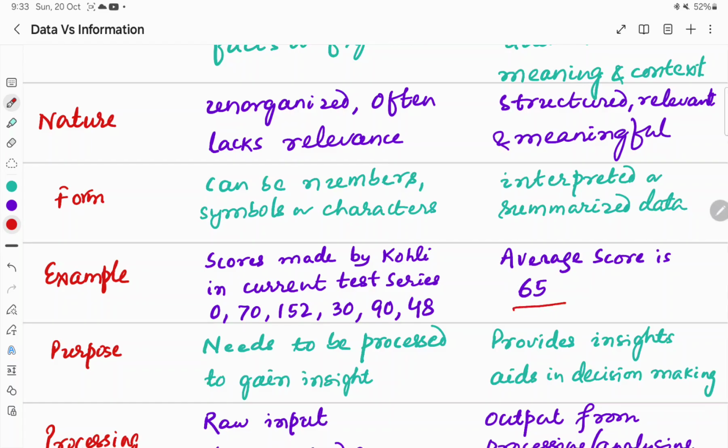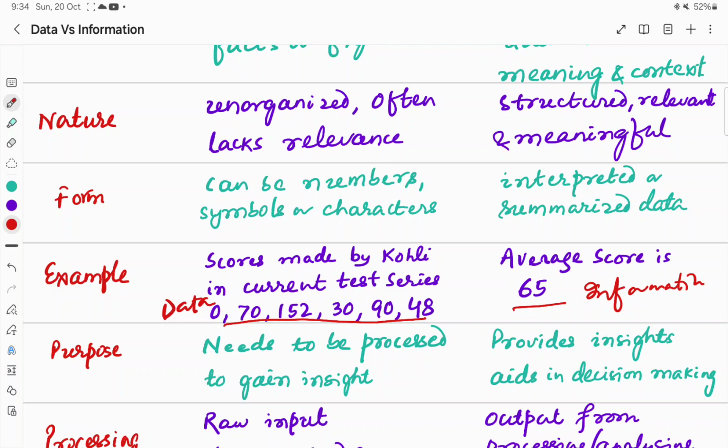So this is the information, whereas these are the data. So suppose we compare this average score of Kohli with Rohit Sharma and say Rishabh Pant.